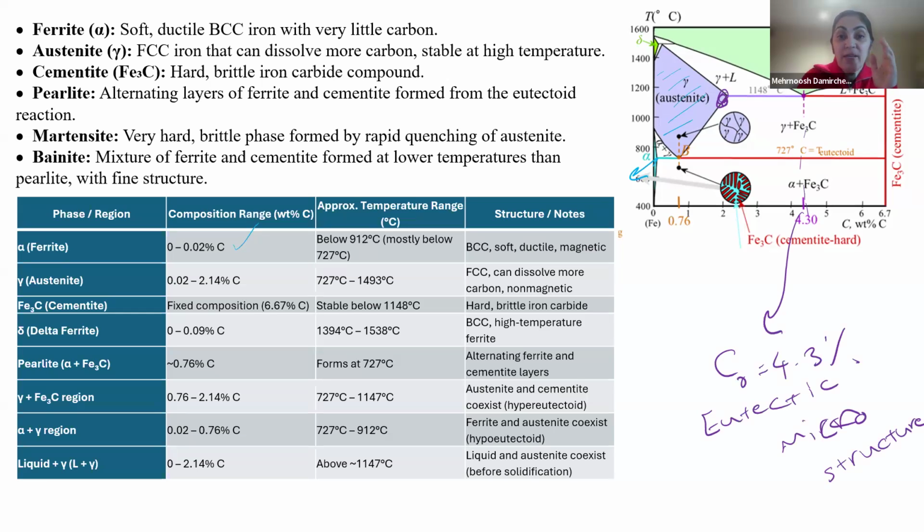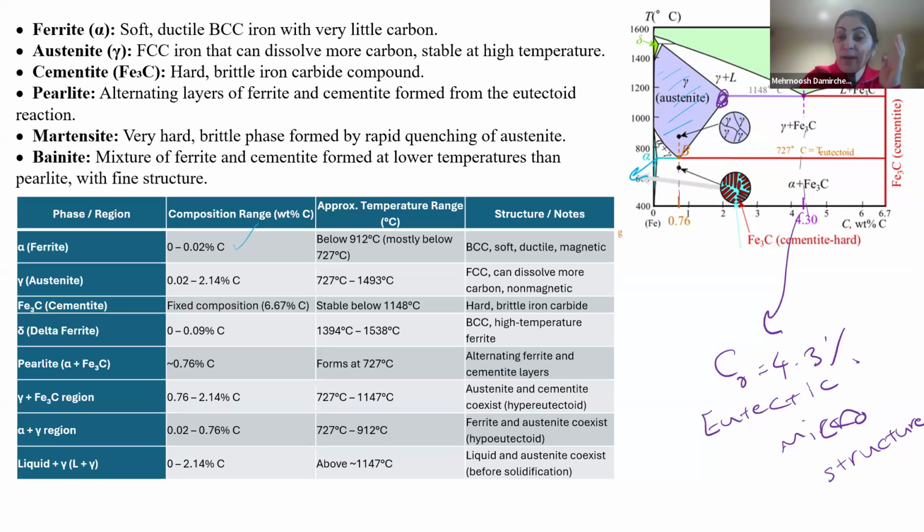That is lamellar. Exactly at this composition weight percent of the eutectoid that you see at this dash line, we have lamellar. Lamellar means that we have alpha that, for example, is the blue color, and we have the red layers that is cementite, layer by layer. This structure we say perlite.